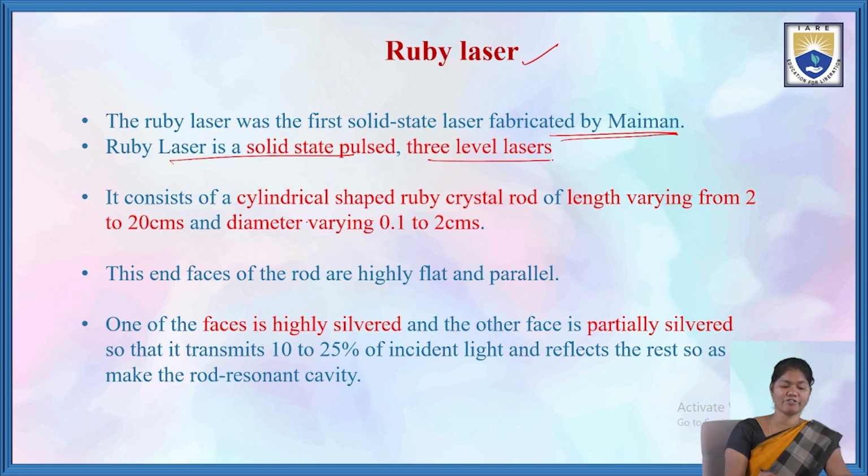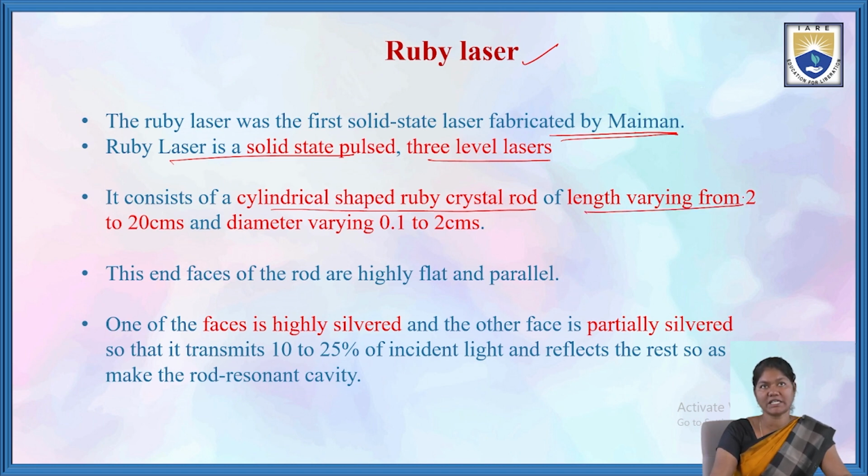It consists of a cylindrical shaped ruby crystal rod with a length varying from 2 to 20 centimeters and a diameter varying from 0.1 to 2 centimeters.